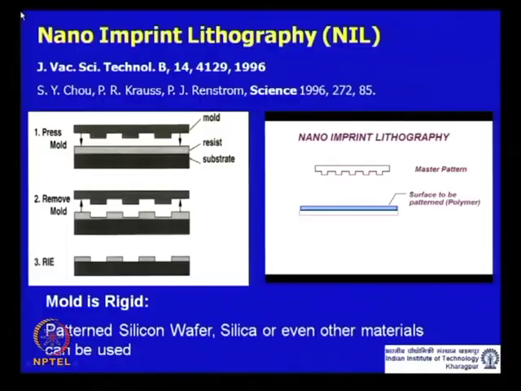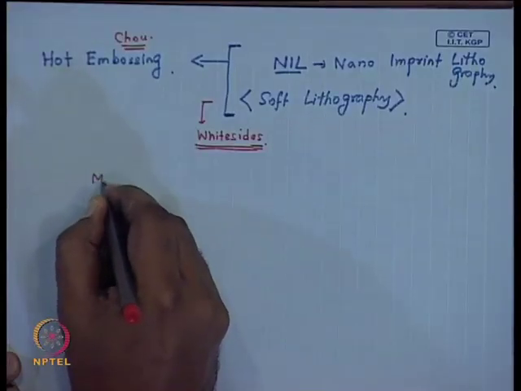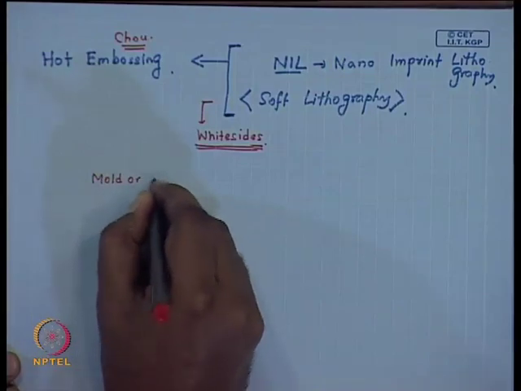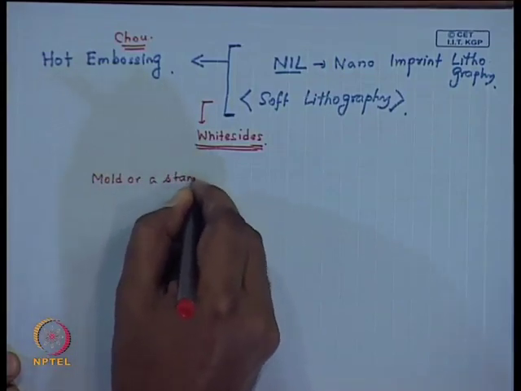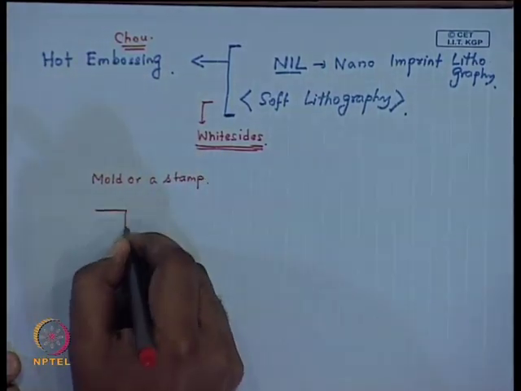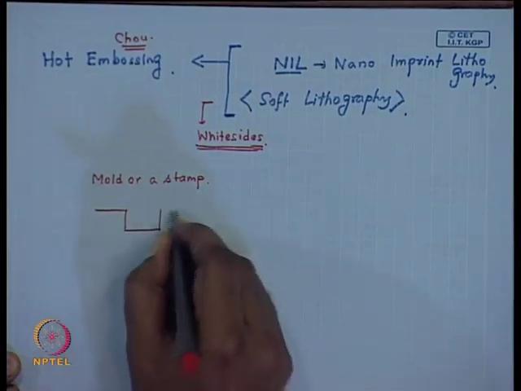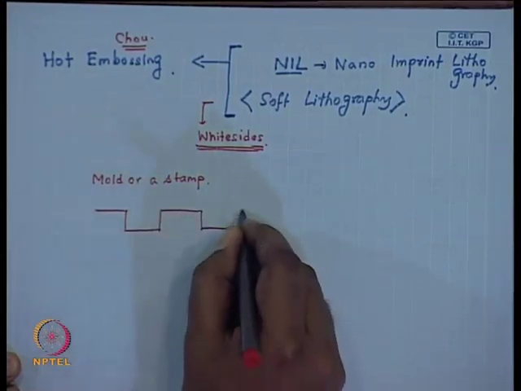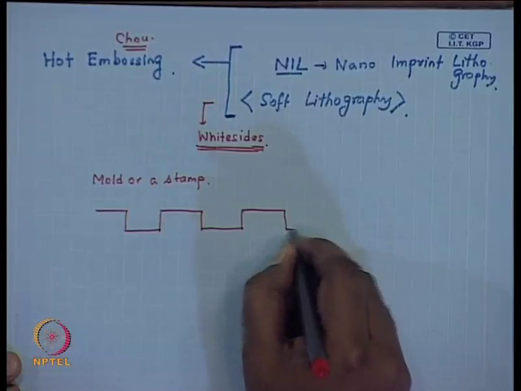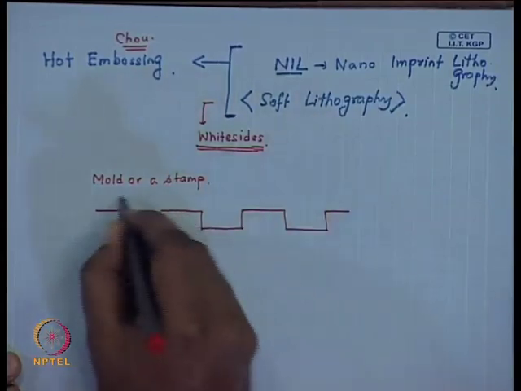So, the concept of nano imprint lithography is very simple. This schematic gives you an idea. All you take is a mold or a stamp. It is a rigid one, it can be on silicon, it can be on silicon oxide, it can be a patterned photoresist layer made by photolithography.